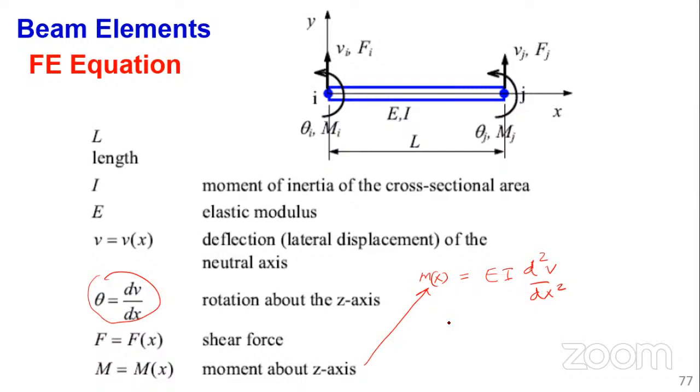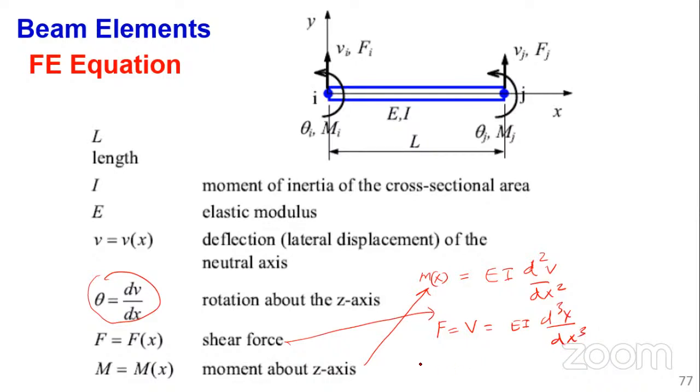When you come to the shear force, which are these forces here, this F, or whatever you can call it, capital V, note that, is equal to EI d cubed v over dx cubed. And you can go on and so forth.